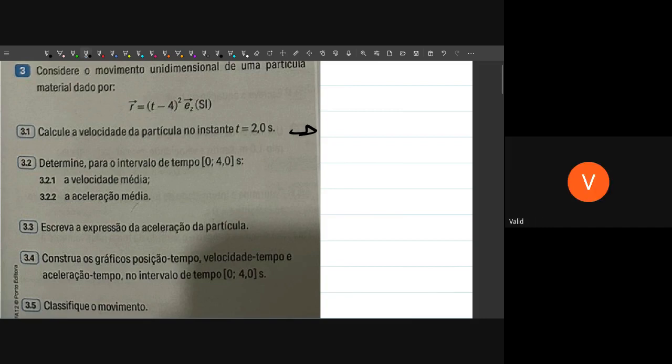How can I know if it's meters? Because this is the international system. In the international system, the path unit, the length unit, is meter. So you are right, 4 meters.